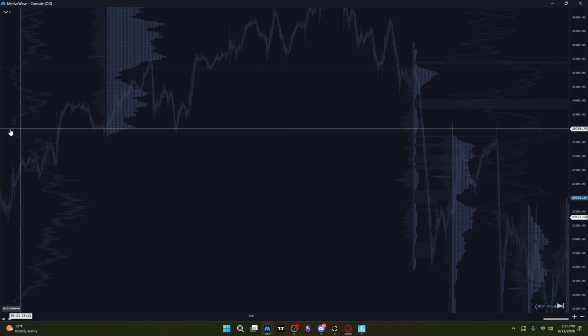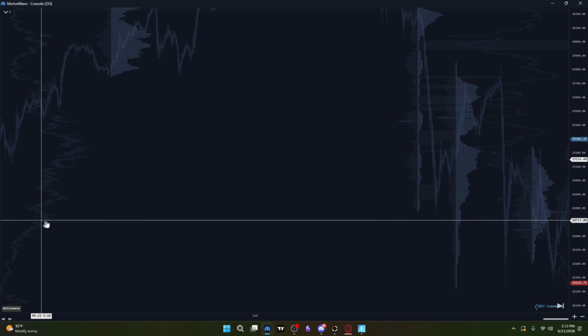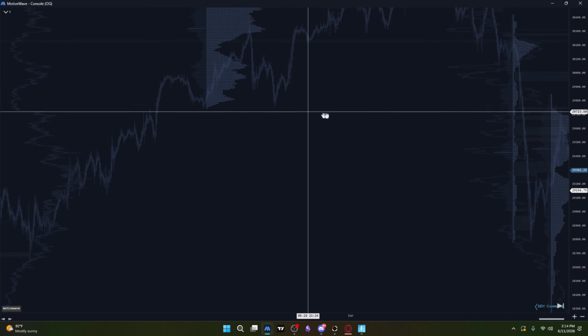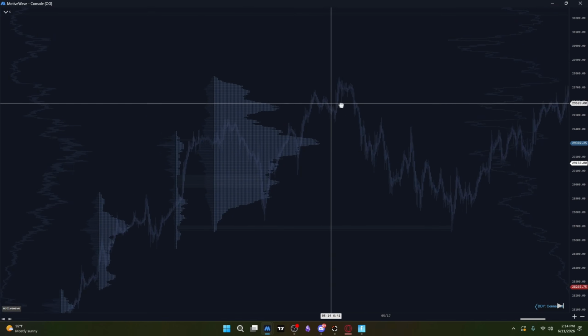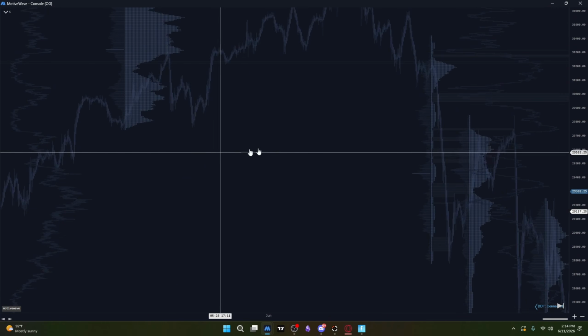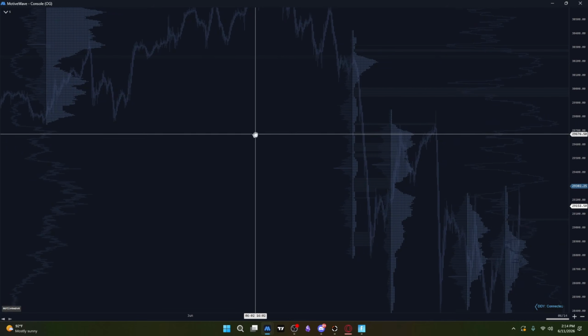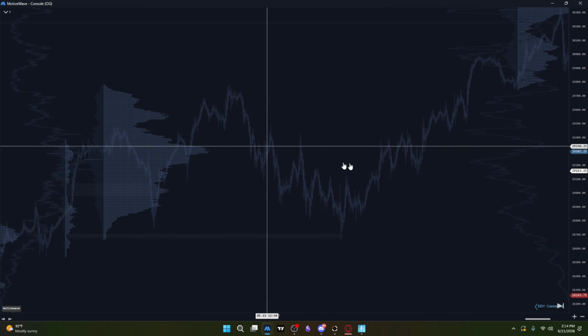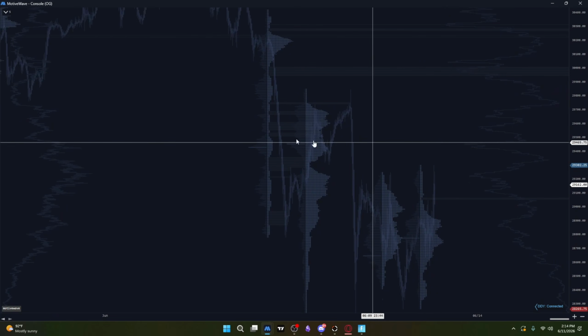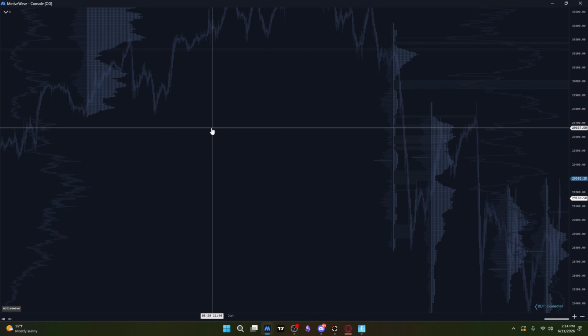Alright, so here we have this 30-day balance. I want to see, are we going to continue to play based off of this previous auction, or are we going to create new value in different areas and play off of that auction?